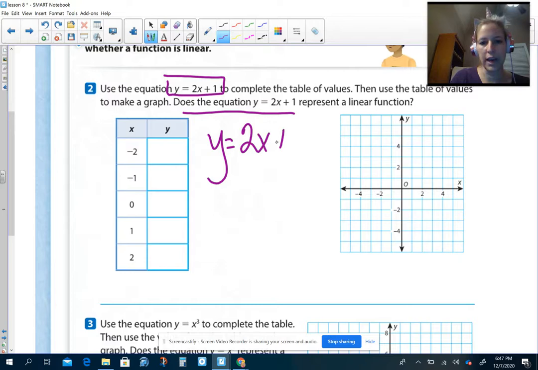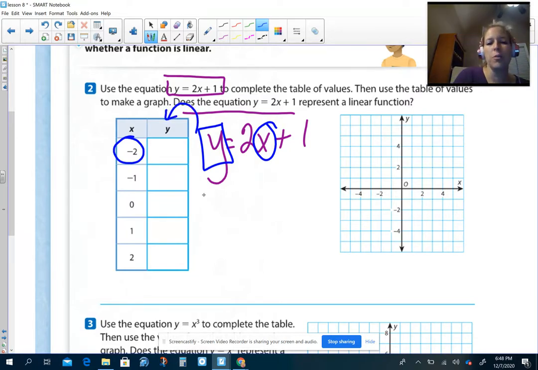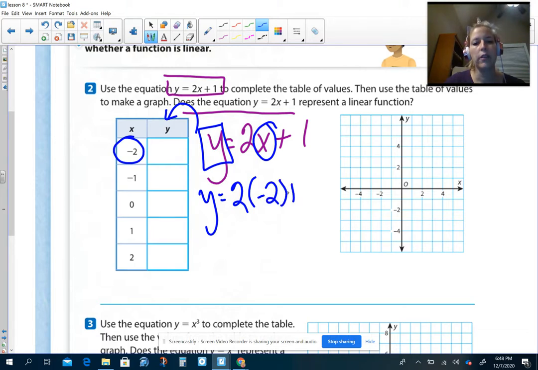So let's plug in our 2x plus 1. We're going to replace x every time. And then whatever our outcome is, our y, that's going to go into our y column. So I'm going to rewrite y equals, and our 2, well, we're going to be multiplying -2, and then I'm going to add 1. So let's work that through, okay? 2 times -2 is a -4, and then plus 1.